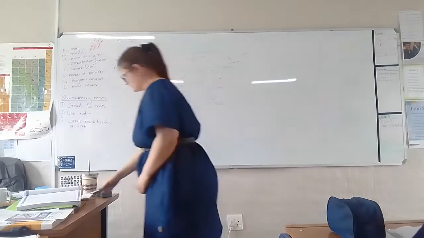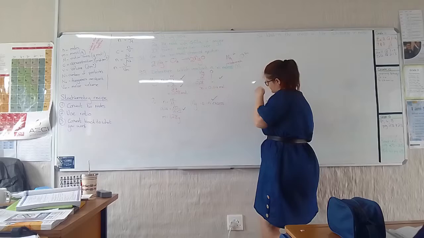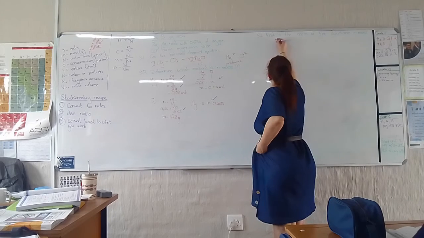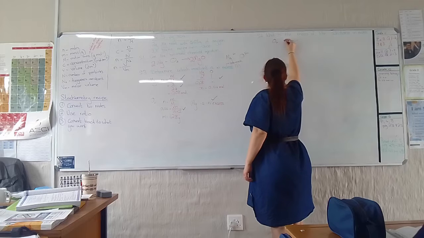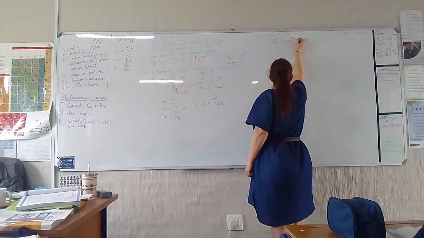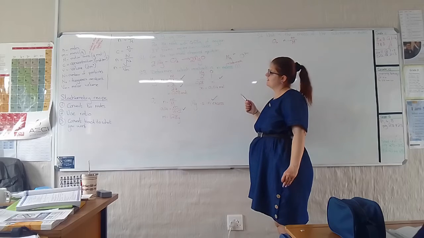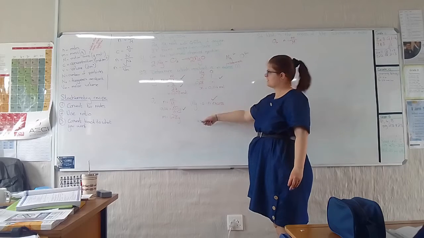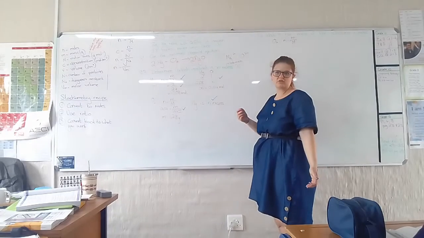So my answer starts. What's the first thing I do? Moles. So this time I'm going to take oxygen and convert it to moles. So n is equal to m over capital M. You wouldn't need to do this if you had used magnesium at the start here, but since we didn't, we're just going to write it out again.